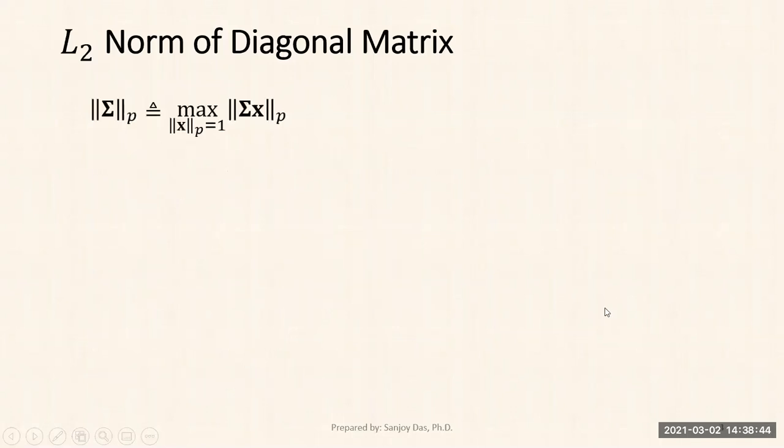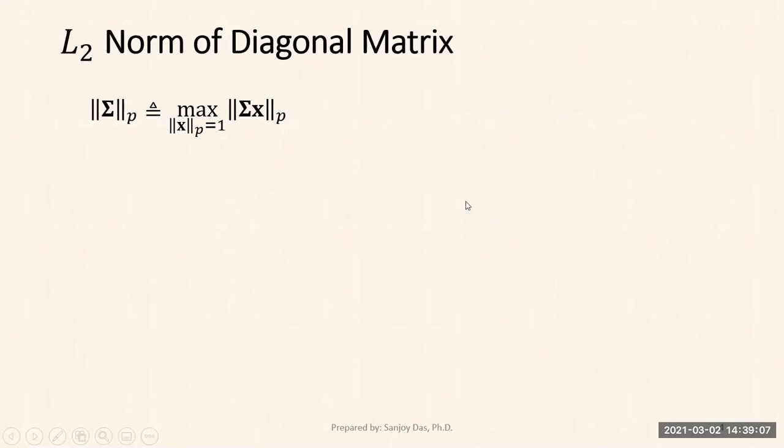Now, we know that the LP norm of any matrix is equal to the maximum, over x with norm of x equal to 1, of the LP norm of the vector sigma x, right? So this is the definition.